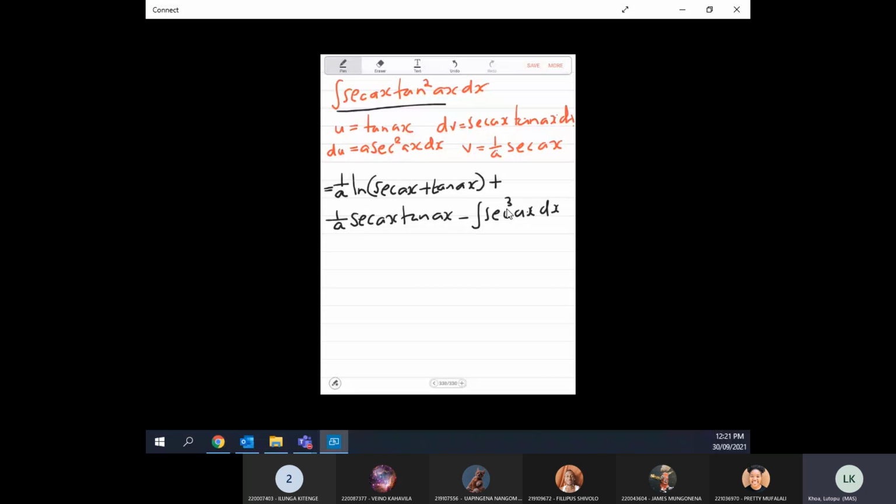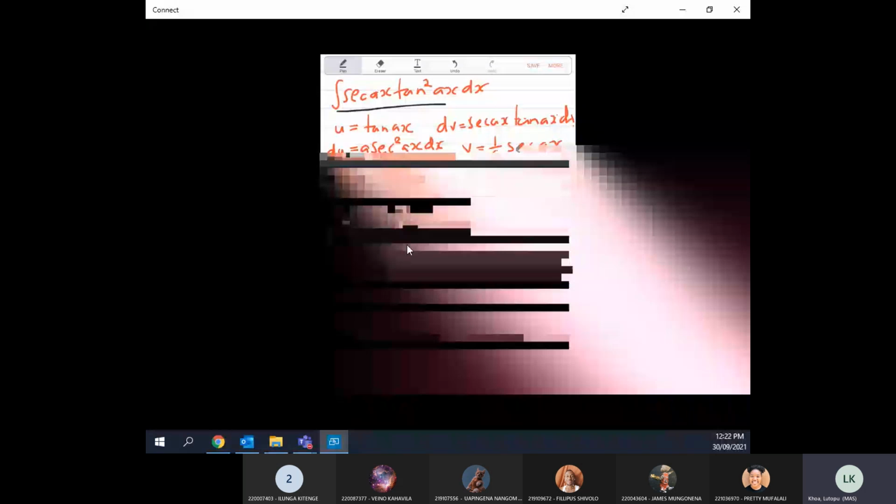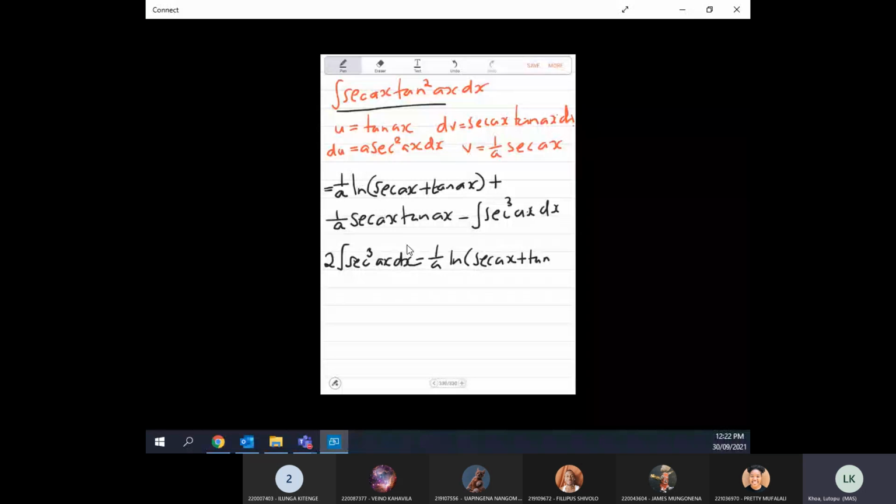So we will have 2 times the integral of sec to the power of 3 of ax dx equal to 1 over a ln of sec ax plus tan ax, and then plus sec ax tan ax, and then we divide everything by 2.